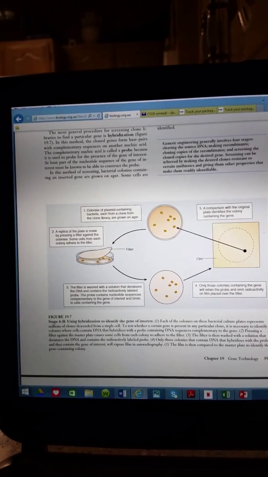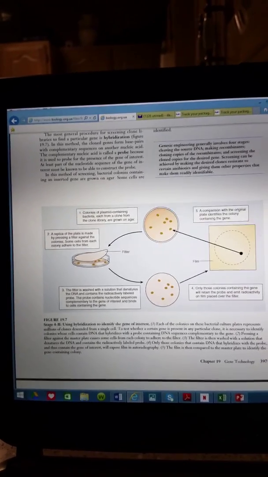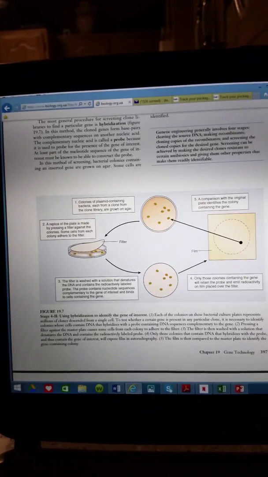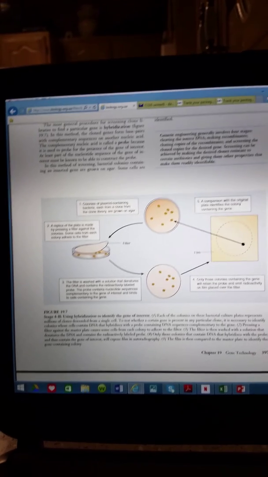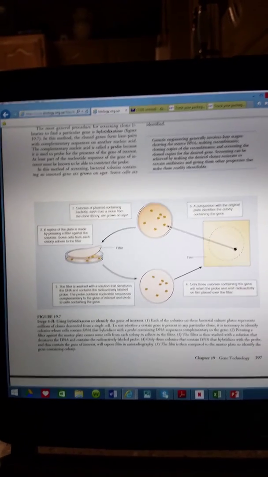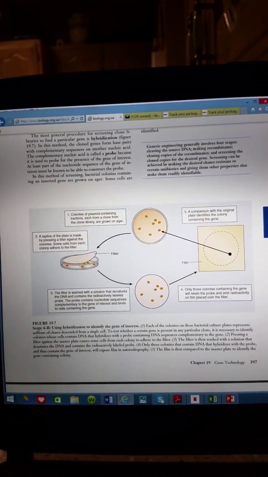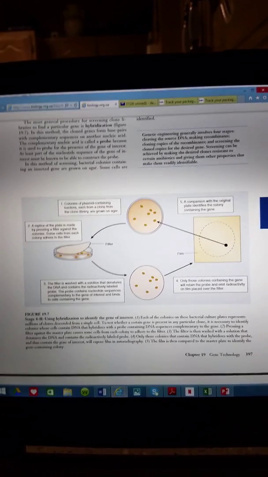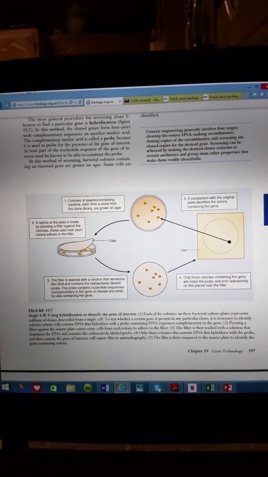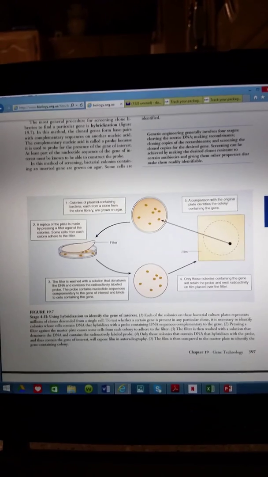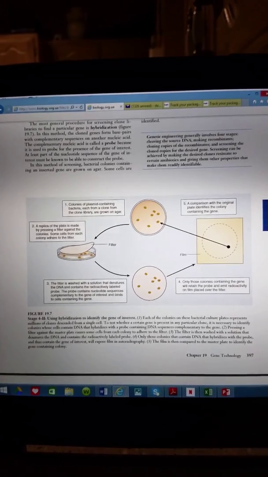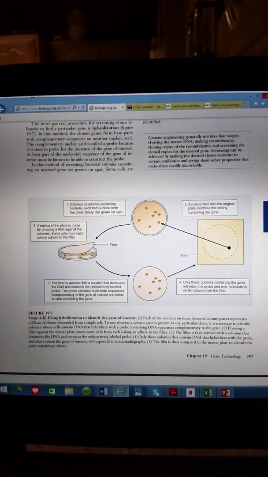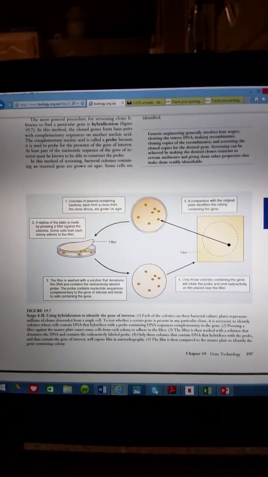From this, you wash the filter with a solution that denatures the DNA and contains a radioactively labeled probe. The probe contains sequences complementary to the gene of interest and binds to them. This is visible after you remove it, and those that contain the gene are going to keep the probe and show radioactivity on the film.